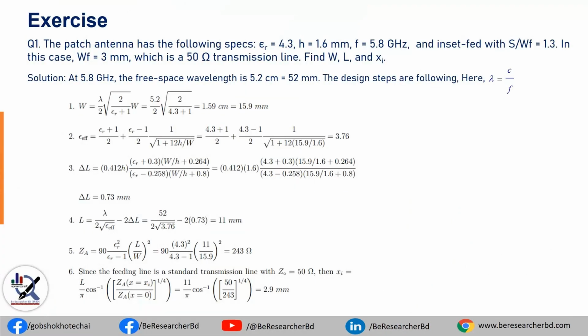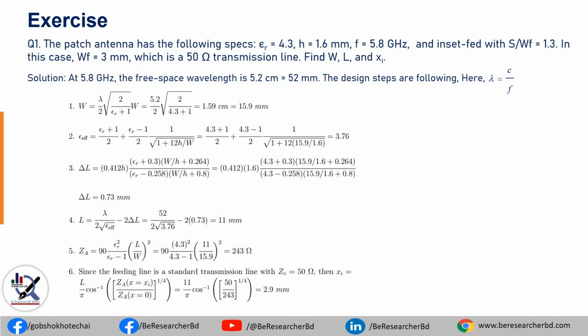Here we have to design an antenna and the desired specifications are relative permittivity 4.3, substrate height 1.6 mm, and the desired frequency 5.8 GHz. The ratio of S by WF is 1.3, where WF is 3 mm, which is basically a 50 ohm transmission line. We must find the patch length L, width W, and the feeding point depth Xi. So first of all, we calculate the patch width using the first formula.